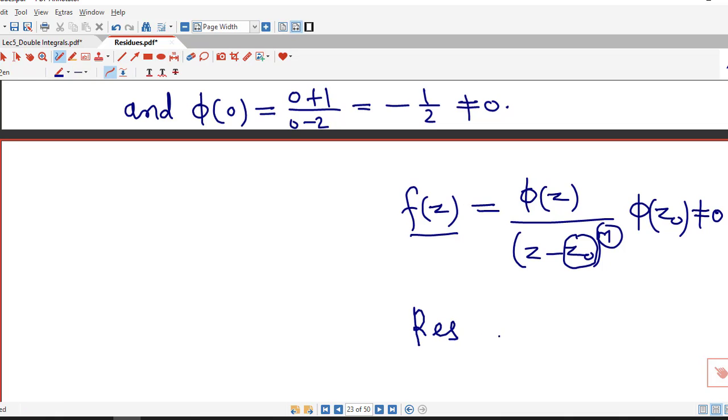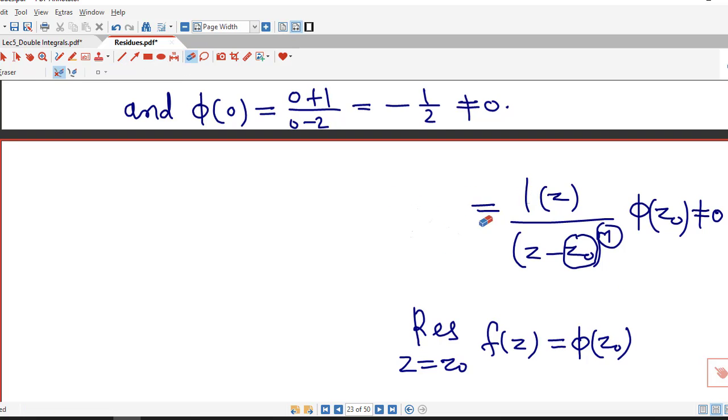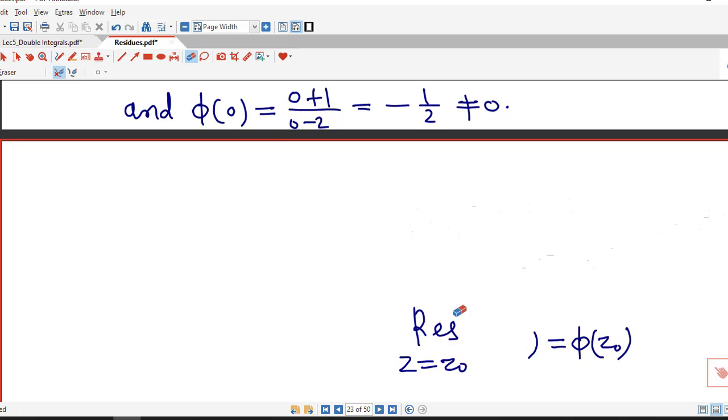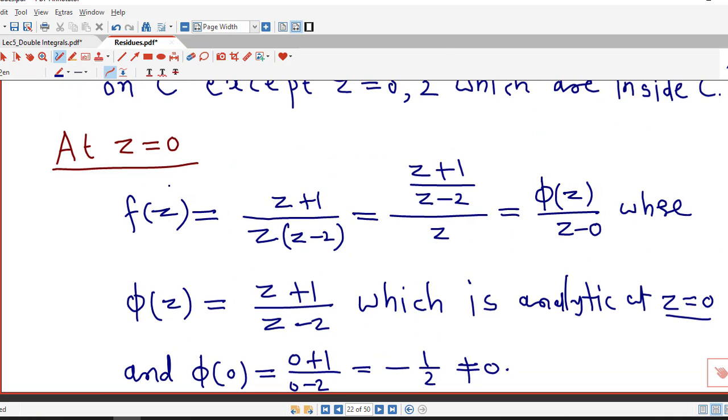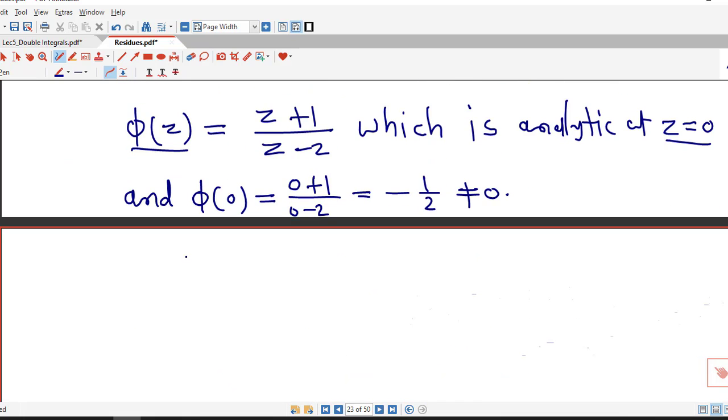if a function has a pole of order 1 at z equal to 0, then the residue at that point is nothing but the value of function phi at z0. So using this result, we can easily evaluate the residue of a complex function at a given point. So here our f of z is written in this form, phi of z over z minus 0, where phi of z is analytic at z equal to 0 and phi of 0 is non-zero.